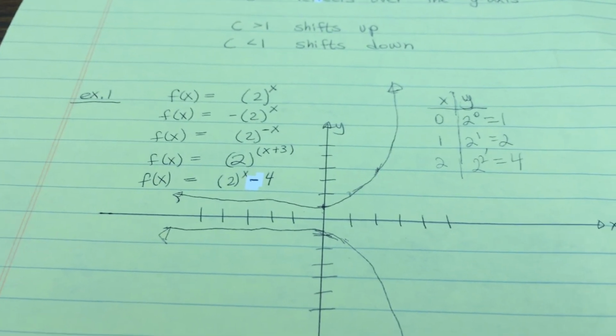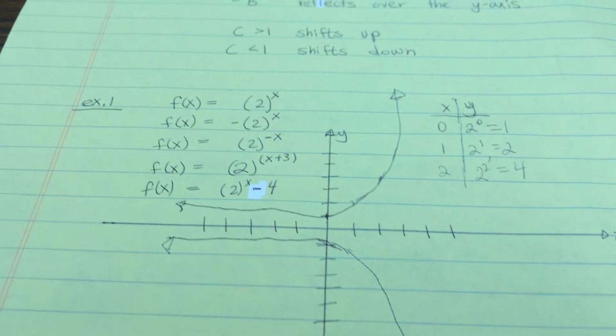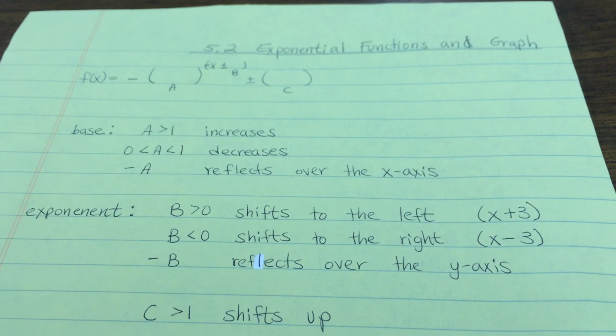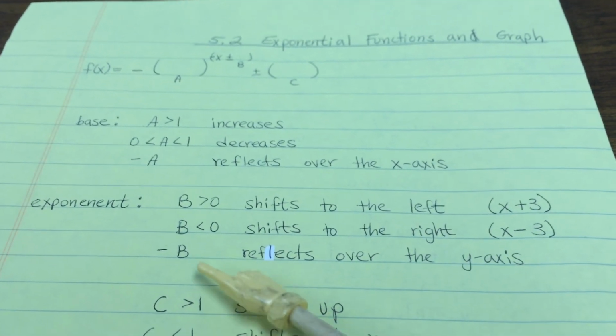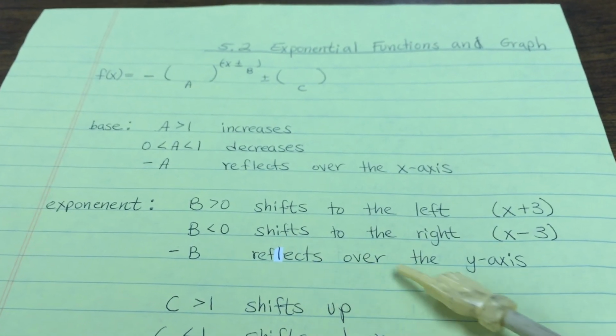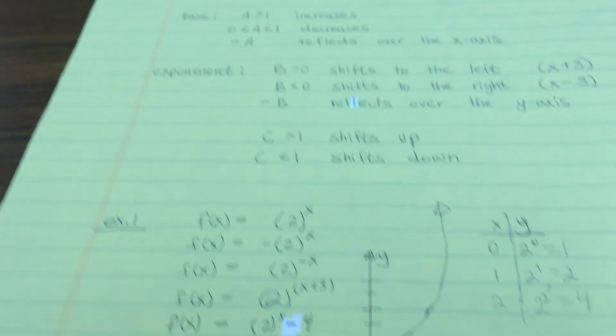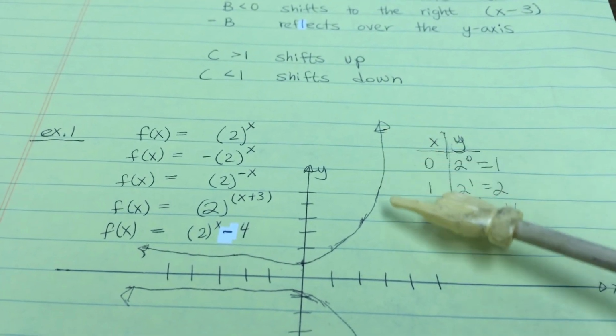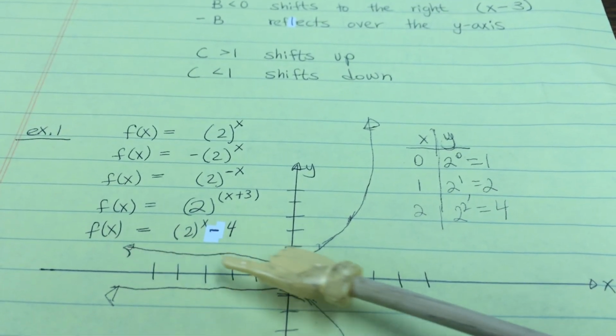Now 2 to the negative x, what does that look like? Going back to that, now it's the exponent. If I have a negative on the exponent, then it's a reflection over the y-axis. So when I take this original graph, we're going to flip it over the y-axis.